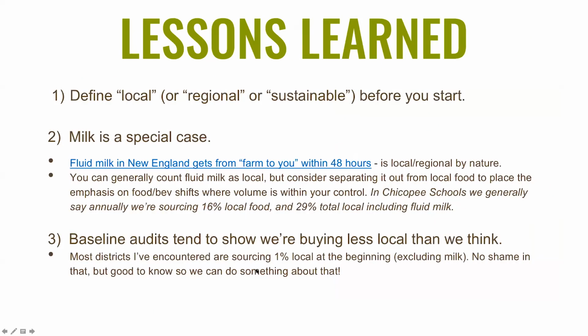Okay, great. So starting with my lessons learned, the first thing I always tell people is to define your local or regional or sustainable. So it's going to be values-based, and it's not going to necessarily be the same for every district. It's going to really depend on what values you hold for what you want to call local.